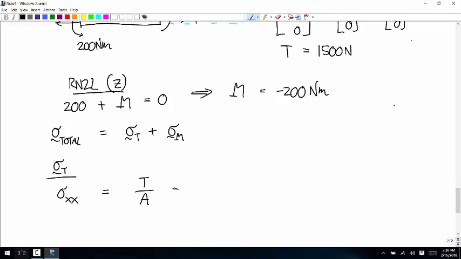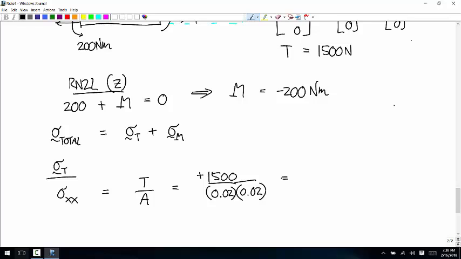So that is positive 1500 divided by 0.02 times 0.02. That's the area of that surface. And what's that? 4 times 10 to the minus 4th.